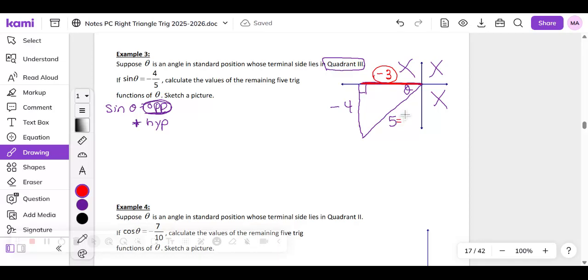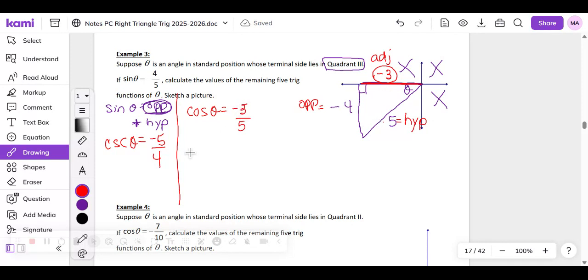And now it's just the same as we did before. This is our hypotenuse. This is our adjacent. This is our opposite. And I've already given you sine, so cosecant's easy. We're just going to flip that over and make it negative. I'm sorry, cosecant. Whoops. Cosecant is easy. We flip that over to be negative 5 over 4. Okay. Cosine of theta, again, adjacent over hypotenuse, so negative 3 over 5.